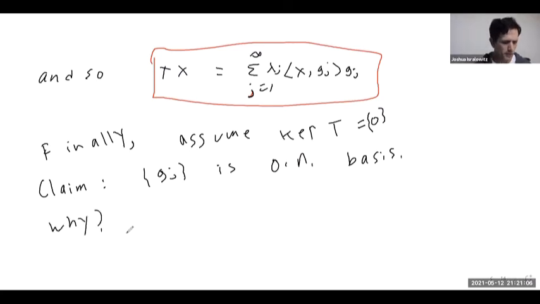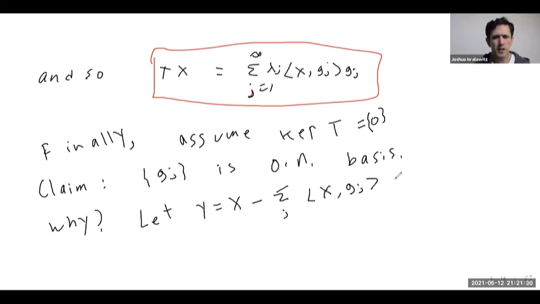Well, why is pretty straightforward. Again, just use the same trick that we've been using. Let's say y is x minus the sum of (x, g_j) g_j.